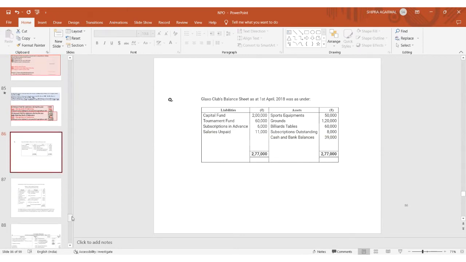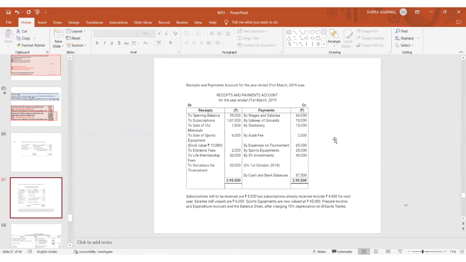Glaxo Club's balance sheet as at 1st April 2018 was as under: capital fund, tournament fund, subscription in advance, salaries unpaid are given to you, and sports equipment, grounds, billiards table, subscription outstanding, cash and bank balances are given to you. And apart from this, receipts account is given to you, and some additional information is also given to you.